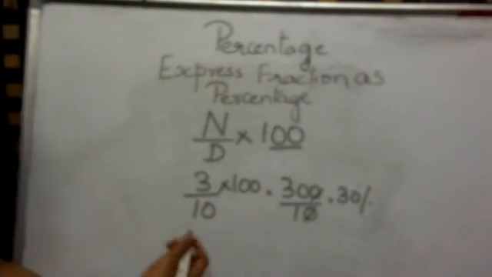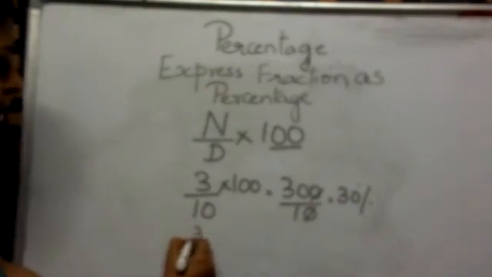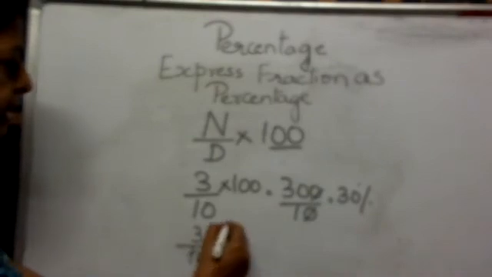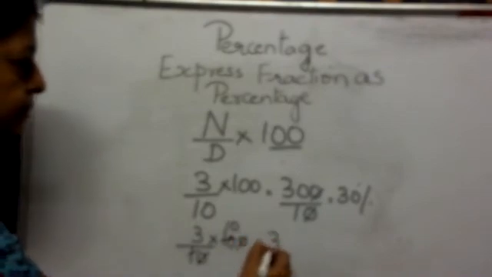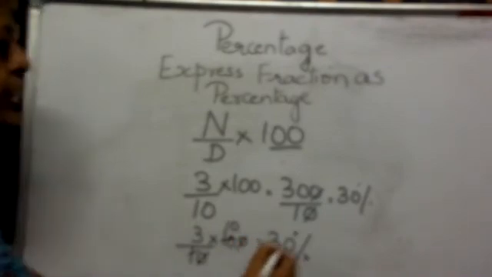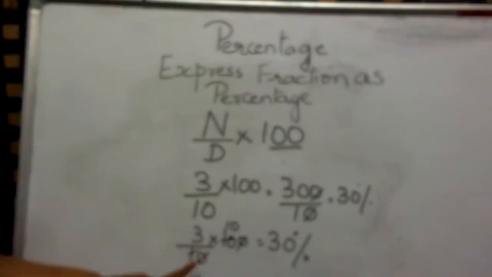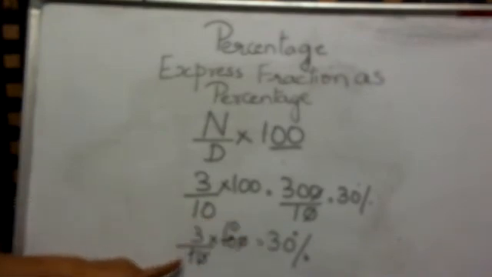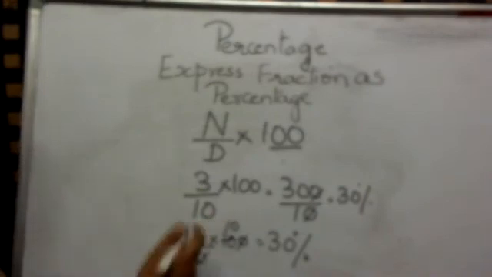Otherwise, you can go by the division method. 3 by 10 into 100: 10 tens are 100, so 10 is equal to 30. So whichever method you want, you can use. Either multiply first and then divide by 10, or cut these zeros, divide this denominator into 100, and then do it. Whatever method you use, you will get the answer.